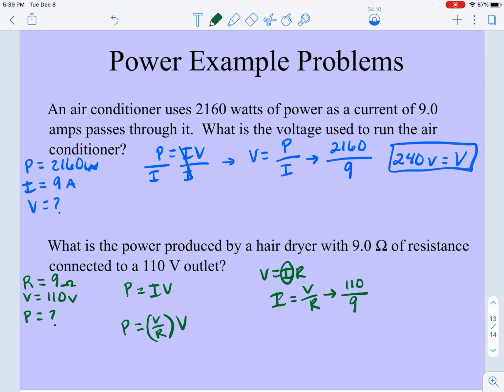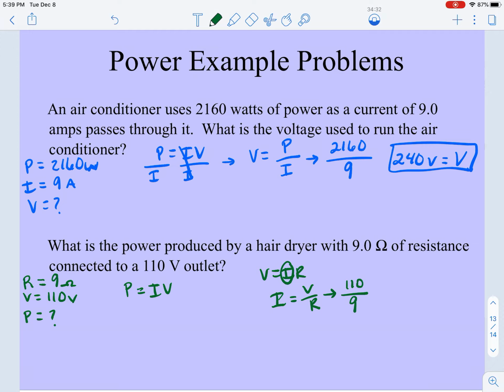The other option would be to take my power formula and simply say P is equal to V over R times V. Yes, that would give you V squared over R, whichever you prefer. I'm going to go ahead and work through this as a 2-step problem, just because that is probably what most of you would do, but both will work.